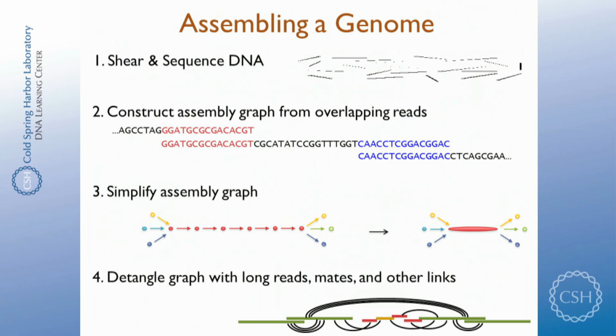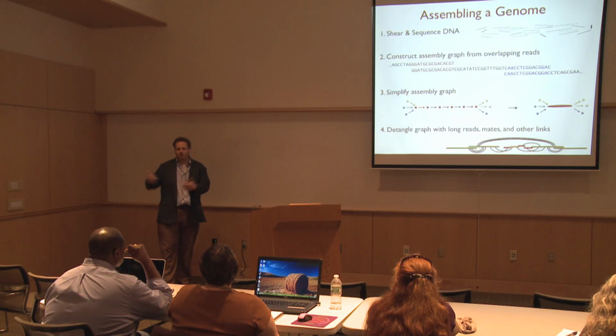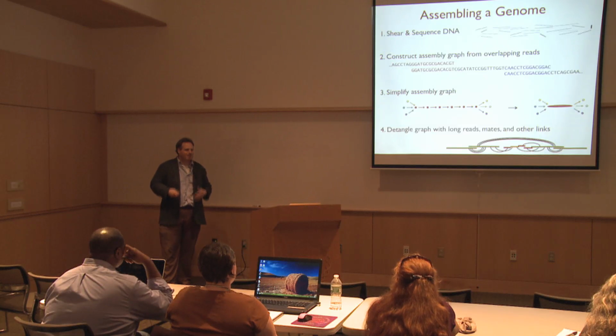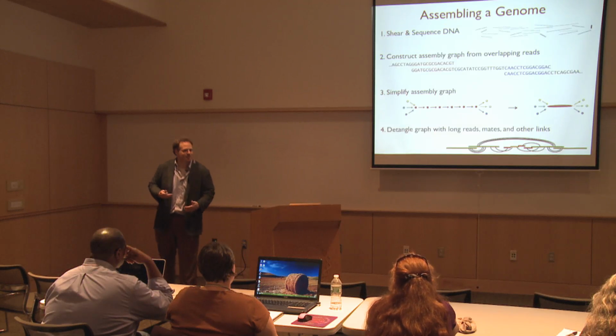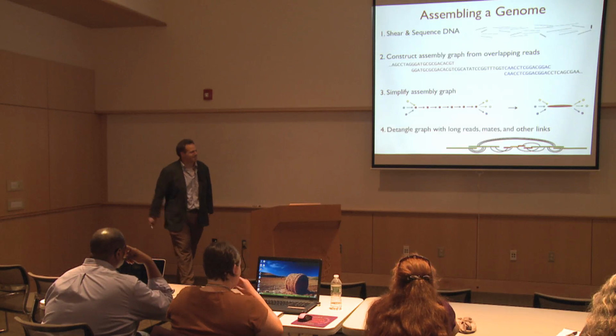Then we're going to take this complicated graph and try to detangle it using longer reads, mate pairs, and genetic markers. You can sometimes get away with using synteny, but you have to be extremely careful, right? If the conclusion of your paper is that the gene order is really well conserved, but you've used synteny to determine that gene order, these circular arguments can get you in trouble with reviewers and editors sometimes.